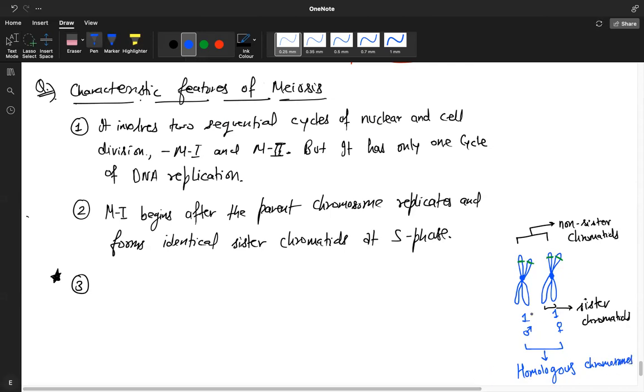Homologous chromosomes. Homologous chromosomes basically have the same genes at the same location. They have the same length, same P and Q arm, same position of the centromere, and all the same genes in the same orientation.